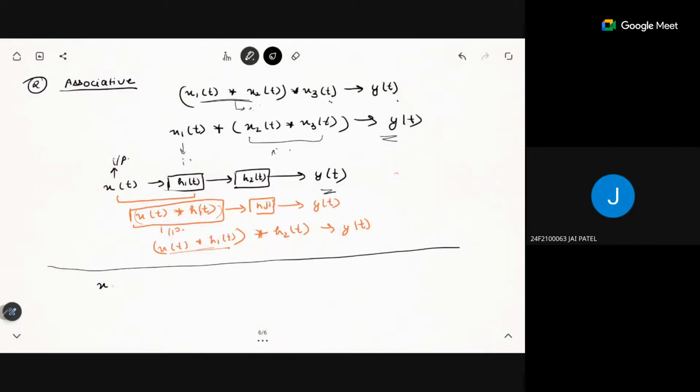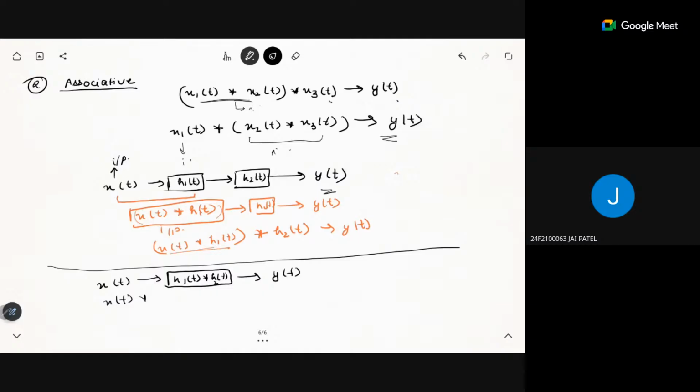What the other thing says is, x of t is passed to a system which is itself a convolution of two functions, h1 of t and h2 of t, and you get this as the output. So how do you write this?